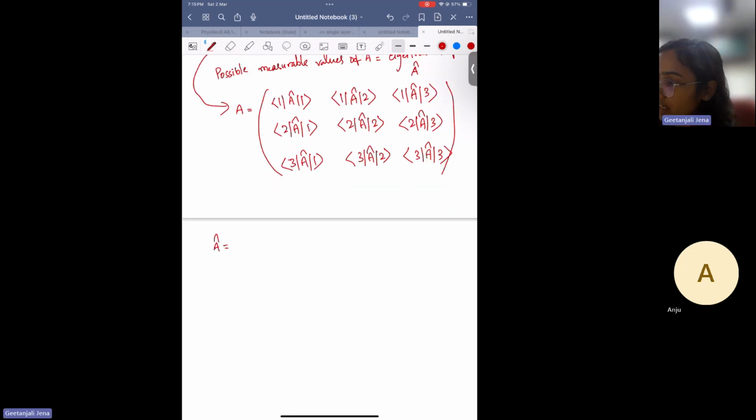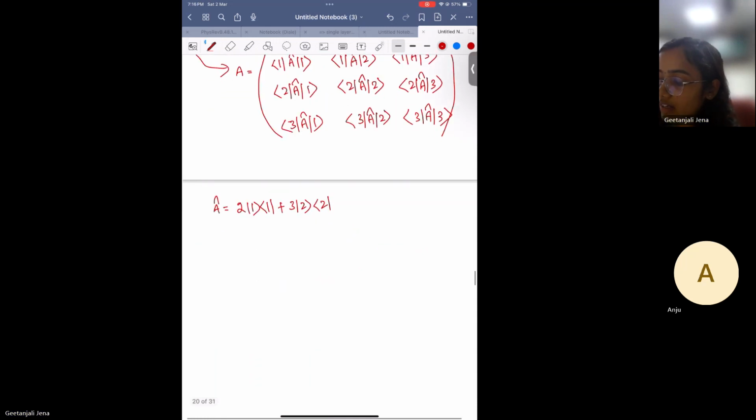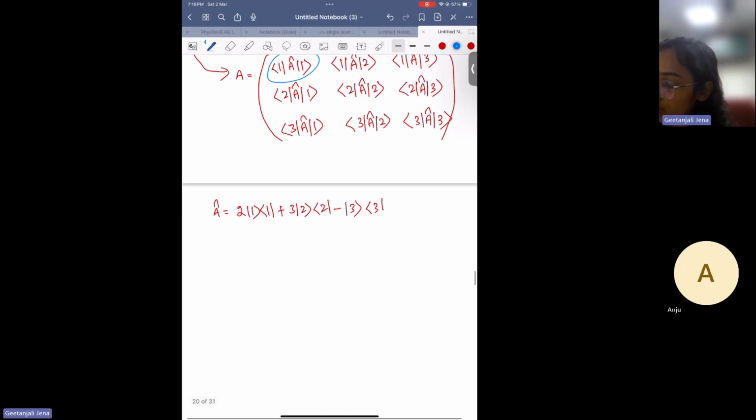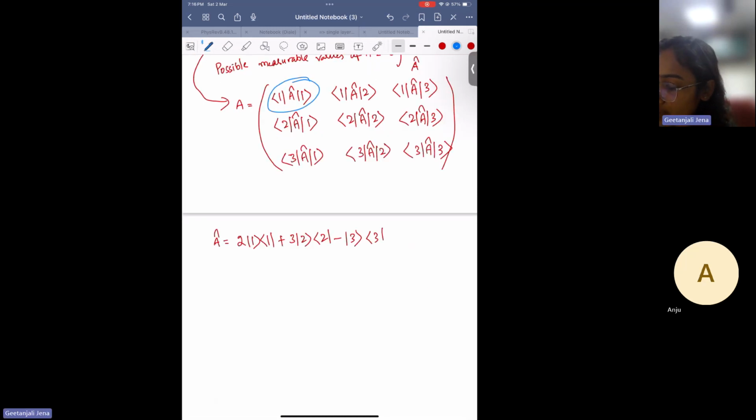So you are given A, which is equal to 2|1><1| + 3|2><2| + |3><3|, with a minus sign on the last one, as we will see. You have to find each term, right? The first term is <1|A|1>. <1|1> will give a non-zero quantity here, so <1|A|1> equals 2.